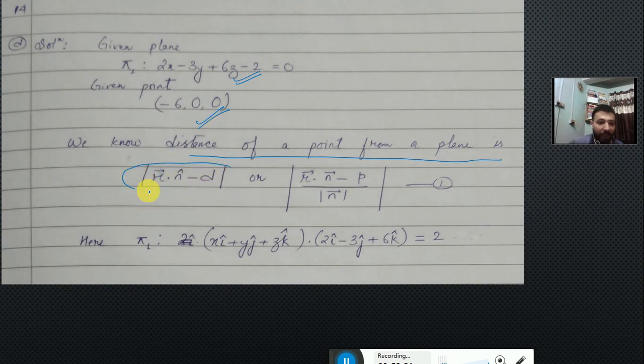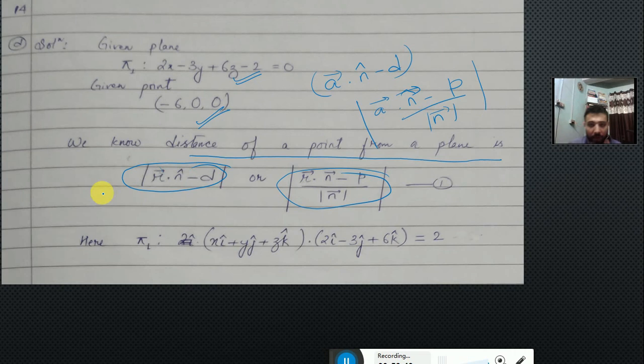We write like this, or we write like this. Clear? One more form is a vector dot n cap minus d, or a vector dot n vector minus p by, right. We can do both of them, but we will be using r mostly.